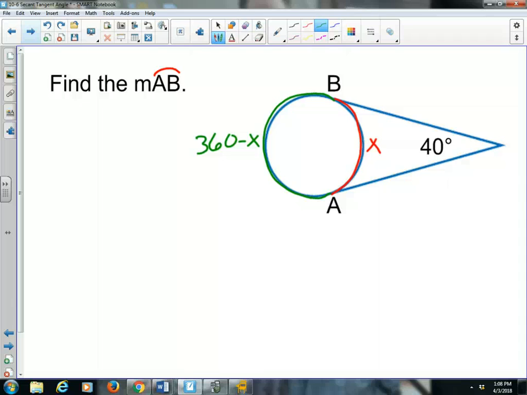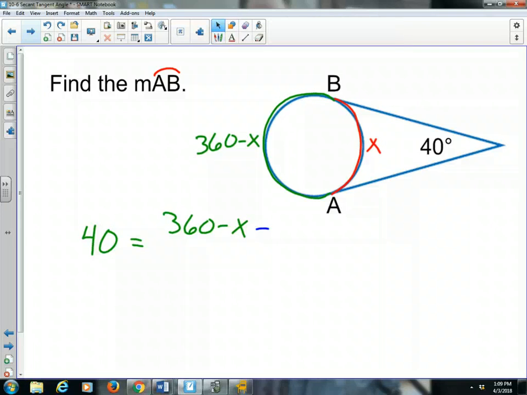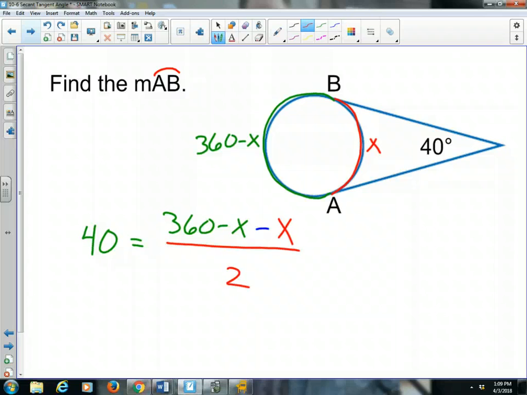So that's kind of what we're dealing with here. So now I have enough information where I can solve for x. I can say that the angle 40 equals the big arc, 360 minus x, minus the small arc, which is x, divided by 2. Big arc minus small arc divided by 2 gives us the measure of the angle.